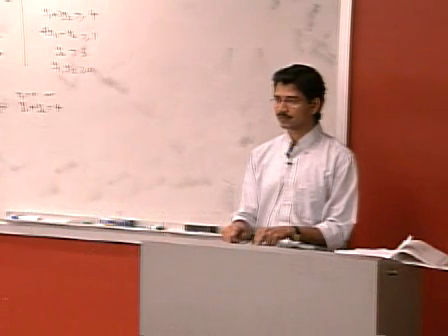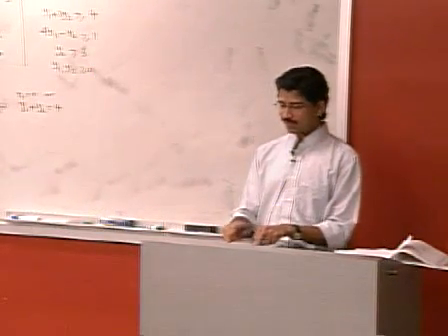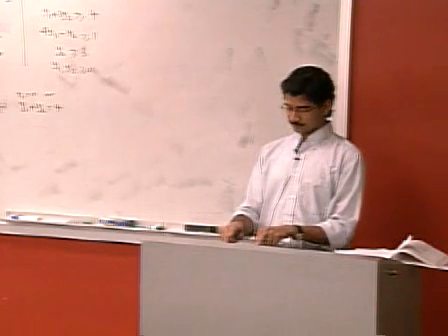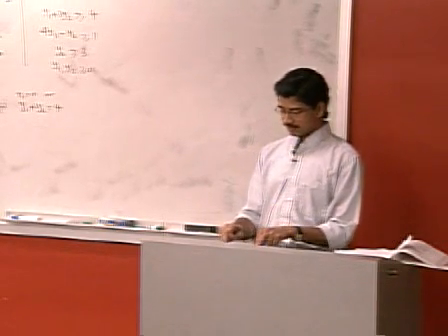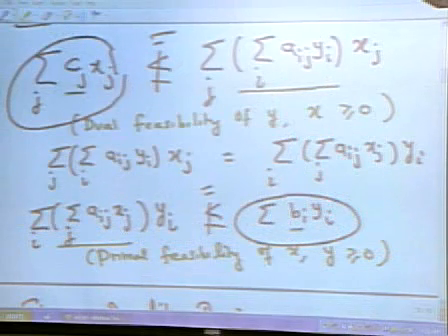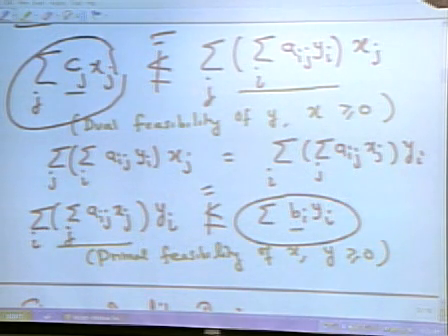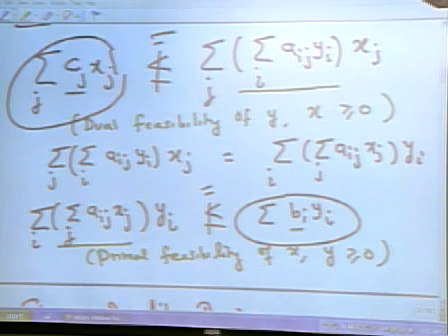And for every term to be equal, you must have either Cj equal to this quantity underlined in green, or you must have xj equal to 0. Because if xj is 0, then the contribution of that term is 0, regardless of the value of Cj. So it really doesn't matter. But if xj is bigger than 0, then Cj has to equal that quantity underlined in green.